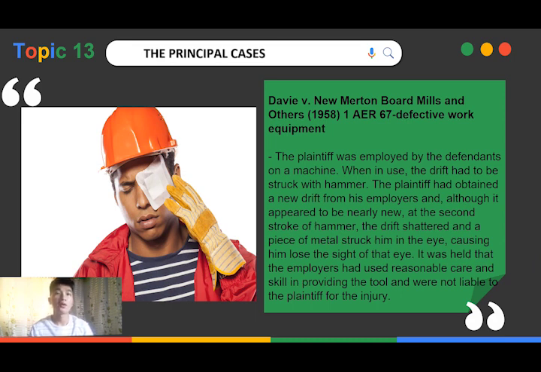The plaintiff had to obtain a new drift from his employers, and although it appeared to be nearly new, at the second stroke of the hammer, the drift shattered and a piece of metal struck him in his eye, causing him to lose the sight of the eye. It was held that the employers had used reasonable care and skill in providing the tool and were not liable to the plaintiff for the injury.